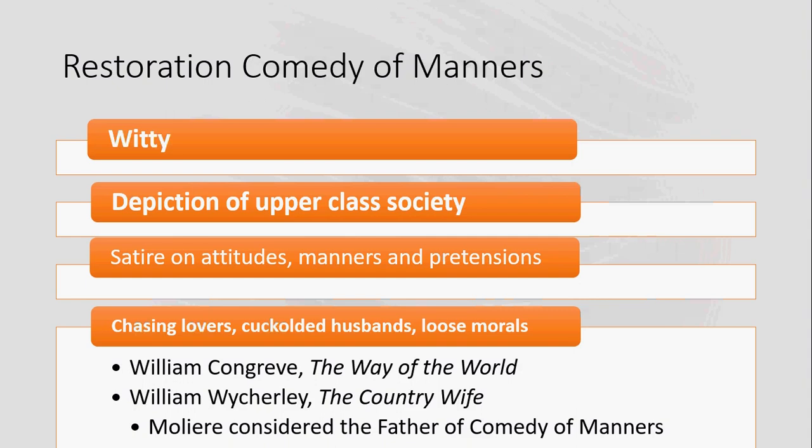One play by each of them is mentioned on your screens. The Way of the World by William Congreve and William Wycherley's The Country Wife. The influence of the comedy of manners can be traced to the plays written by Molière, and Molière is considered to be the father of comedy of manners.